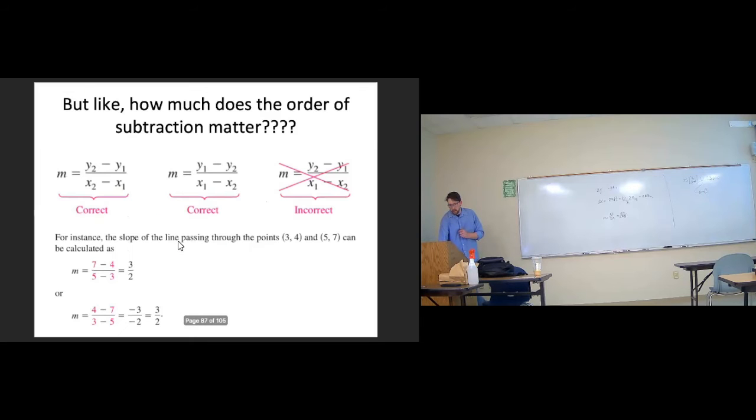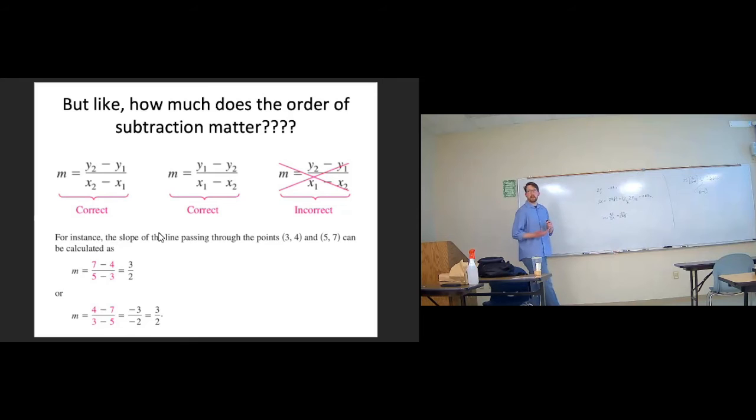So just to reiterate a point that I had made a minute ago, the order of our difference, of our subtraction, matters only insofar as we conserve the order from our numerator to our denominator and vice versa, right? So these first two examples totally work, but come over here, it fails because all of a sudden there's a negative sign where there shouldn't be one.